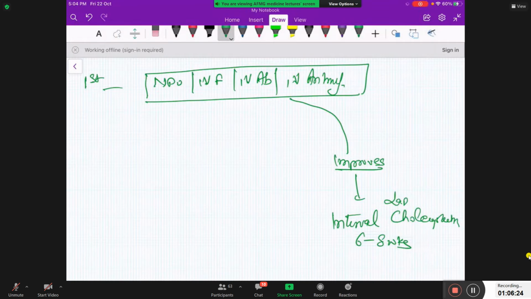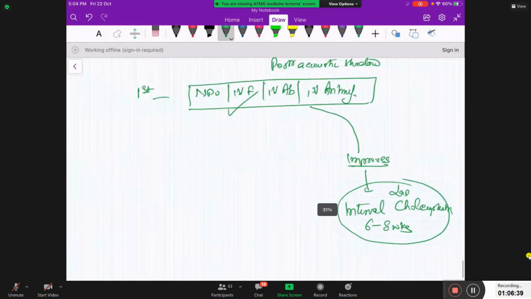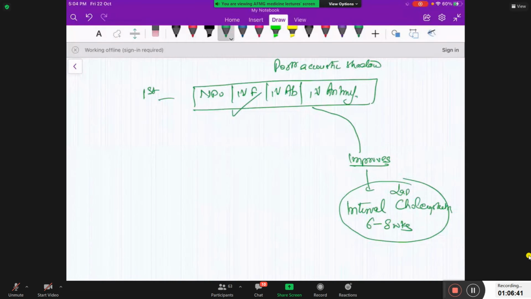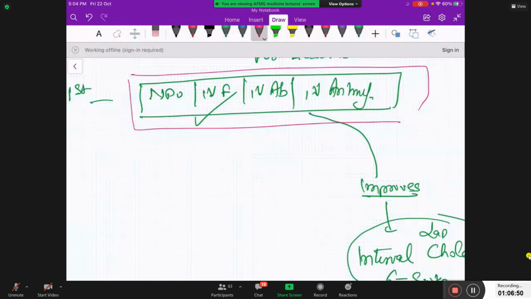पहले कहा जाता था कि ये ट्रीटमेंट शुरू करो और ये ट्रीटमेंट most of the time since improves the patient, so we should discharge this patient and tell them to come back after 6 to 8 weeks for interval removal of the gallbladder. Now they say that once a patient of acute calculous cholecystitis comes to us, we should start this treatment.